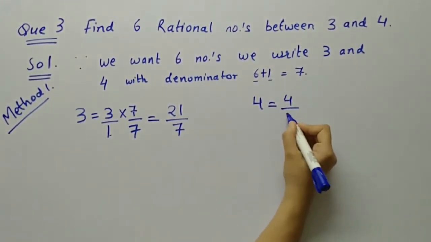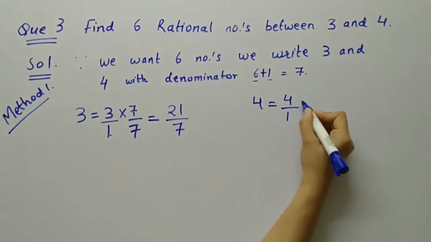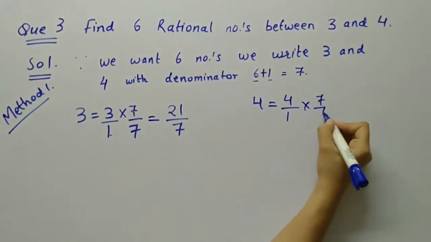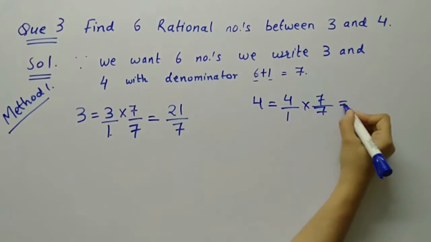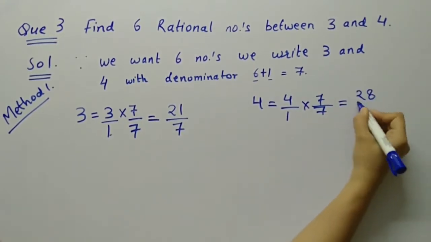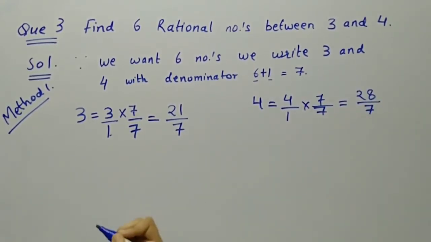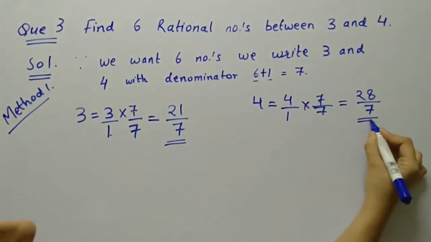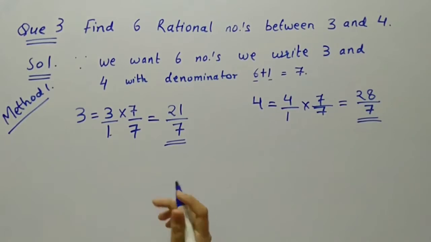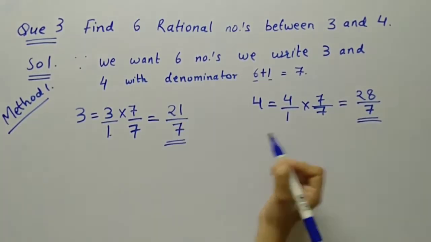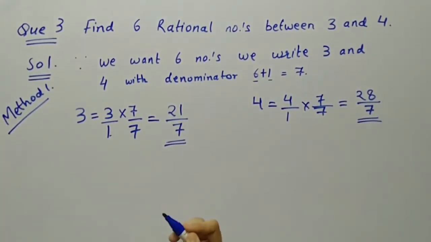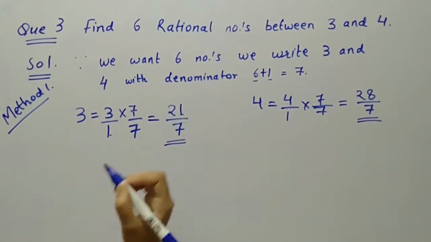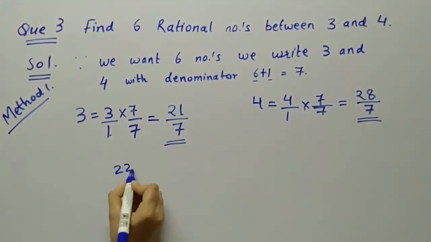Similarly, we will write 4 upon 1 multiplied by 7 upon 7, which is equal to 28 upon 7. So now we will write 6 numbers lying between 21/7 and 28/7. So the next number after 21 is 22.